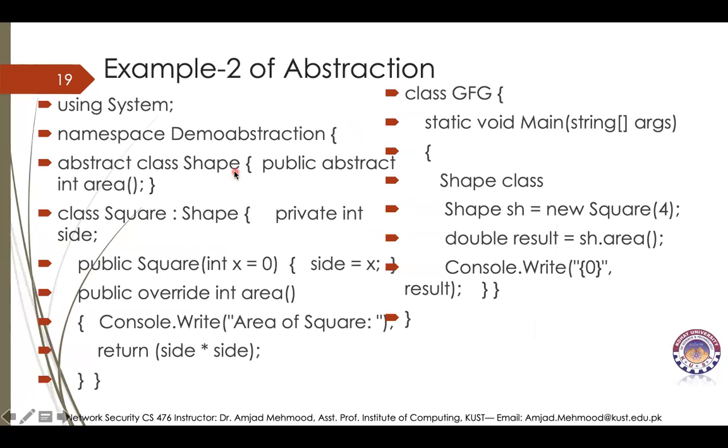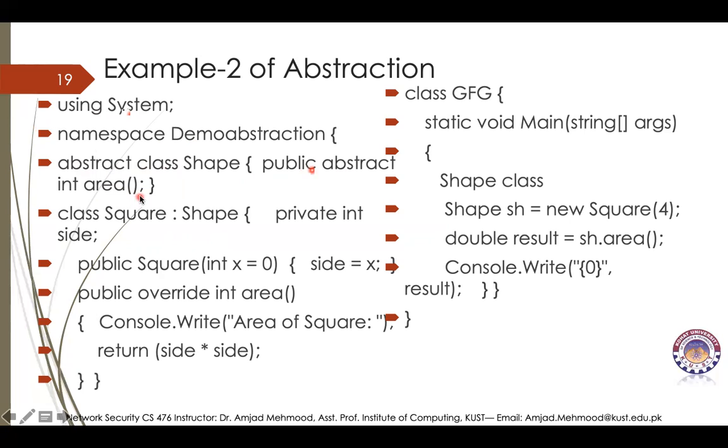Now this is example number 2. This is a traditional pattern of a C# program that you will start with using System and namespace. And here you have a class with a modifier named abstract. Here you have a method, area, and that method is abstract.